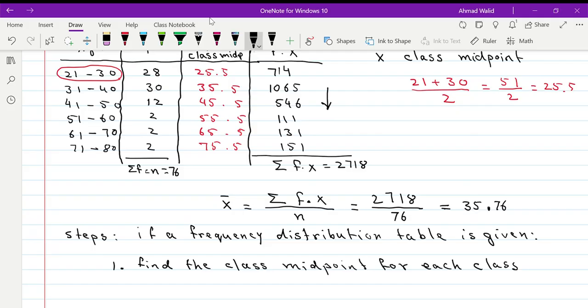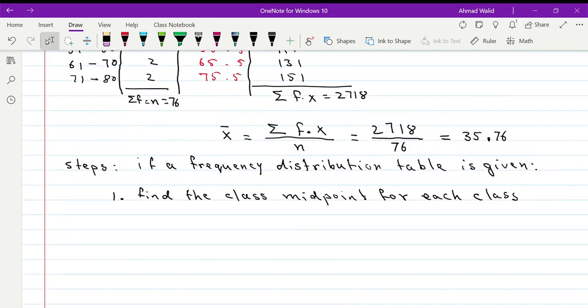Step 2, find x times f, or f times x. Your class midpoint means x.